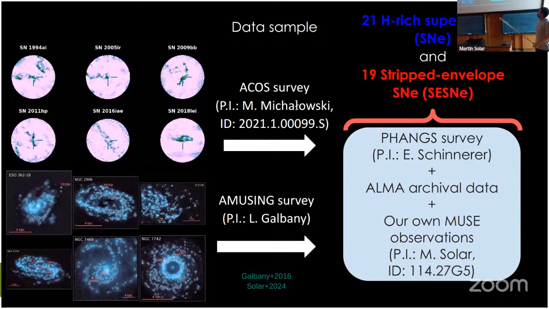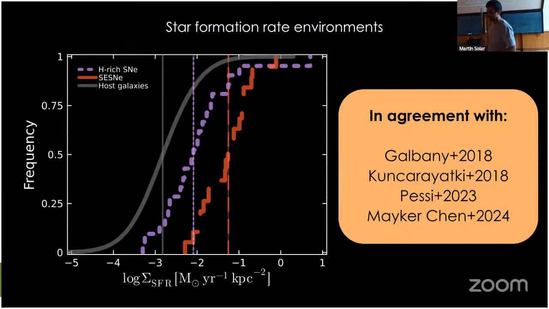So using both telescopes, using spatial scales of 100 parsecs, we gathered a total of 21 hydrogen-rich supernovae and 19 stripped-envelope supernovae. That's the largest sample that is possible to get.